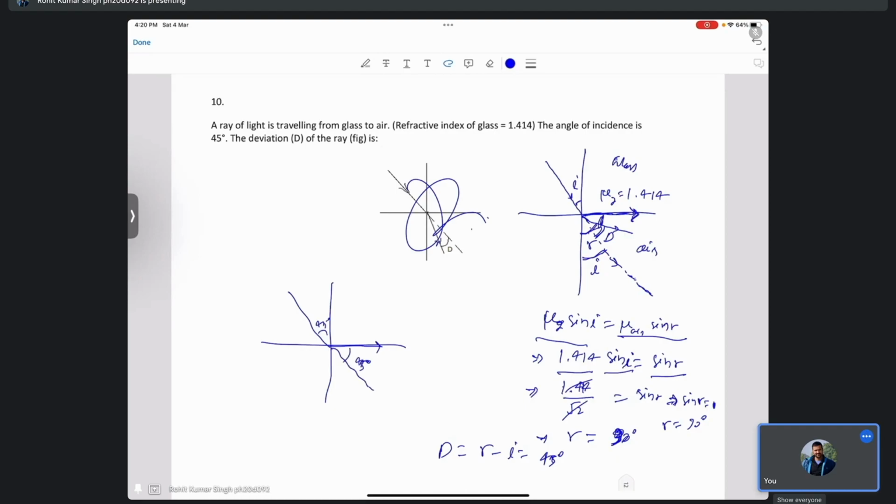I should have changed this angle. This 45 degrees should be something different. But okay, you understand how to go about solving it, right? So this is the main thing. Anyway, is it fine now?